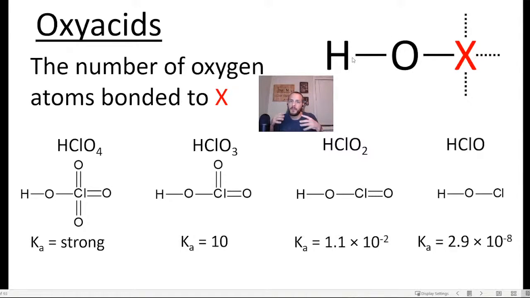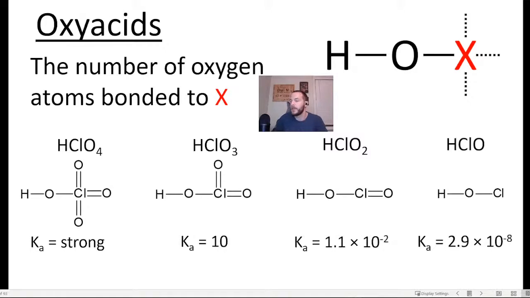And if you're polarizing that oxygen-hydrogen bond even more, that's going to result in a greater acidity, because the more partially positively charged that hydrogen is, the easier it is to convert it into a proton and donate it to a base. So again, the more oxygen atoms that you have bonded to, in this case, the atom that we're calling X, the stronger the acid.